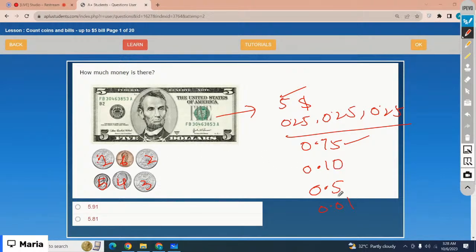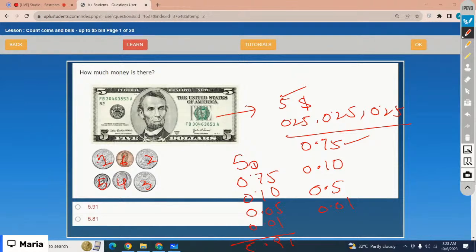Then you have 0.10. Just add them, right? 5, 0.75, 0.10, 0.05, 0.01. Let me just add: 5 and 5, 10 and 1, 11, 1, 1 carry, 7, 8 and 1, 9. So the total worth of these coins and bill is 5.91, right?